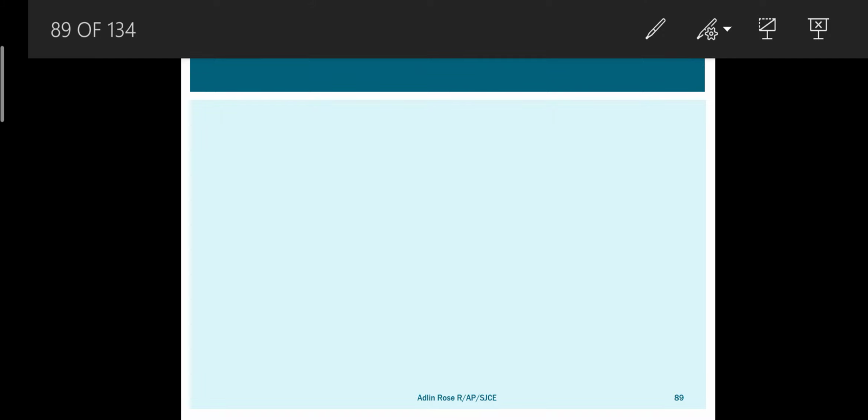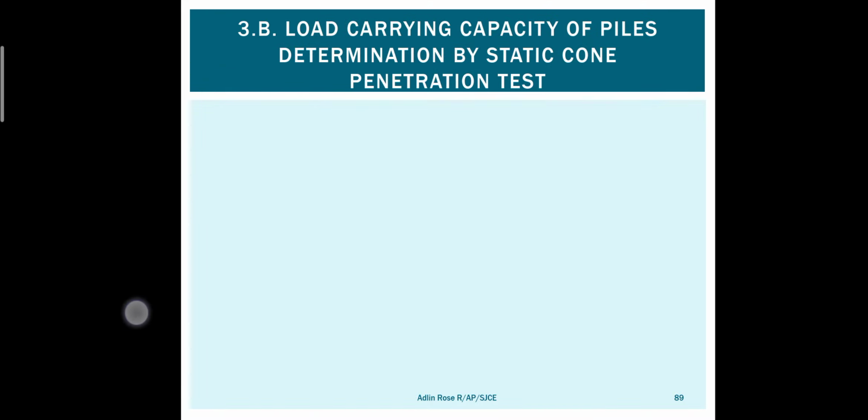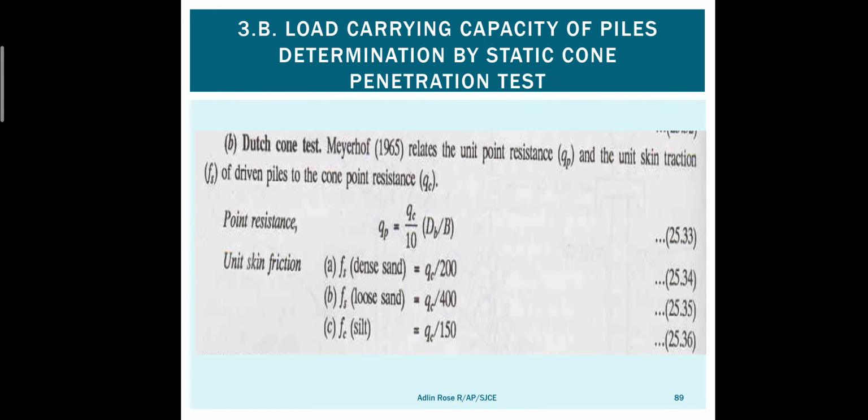For exams, mostly concentrate on the static method. The penetration formulas are important. They ask questions based on formulas alone also. Apart from the standard penetration test, we have another penetration test, that is the static cone penetration test, SCPT. We will study that also in the first unit. The SCPT test, static cone penetration test, is also known as the Dutch cone test.